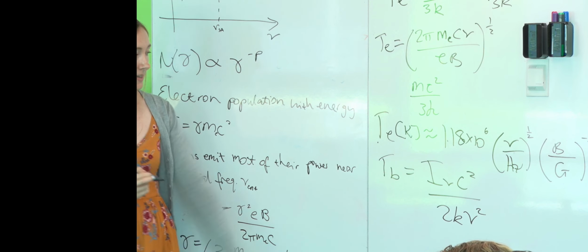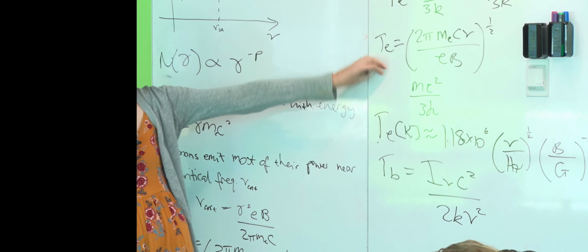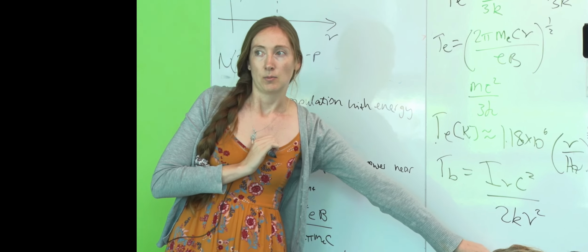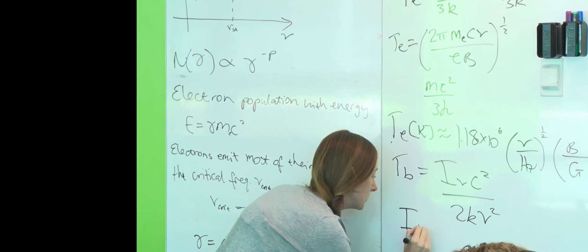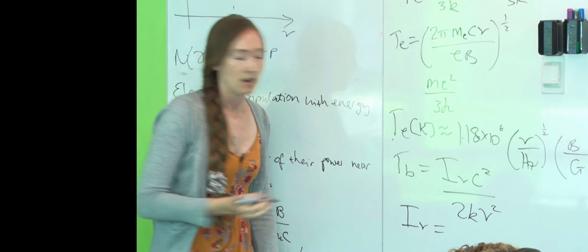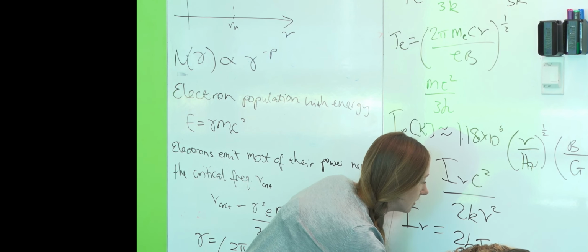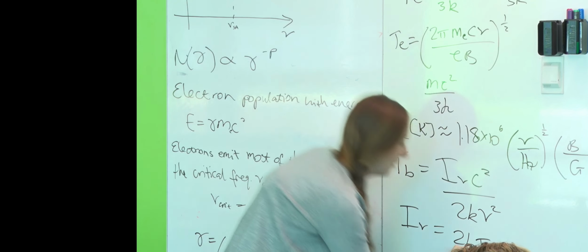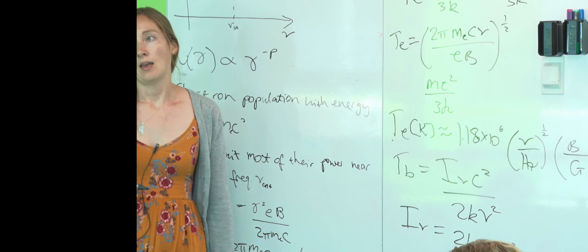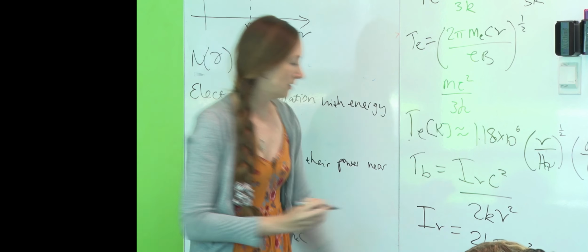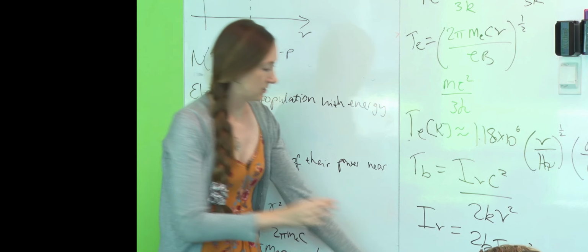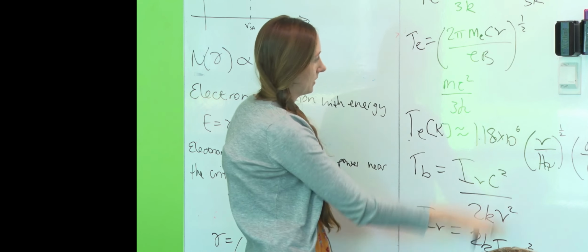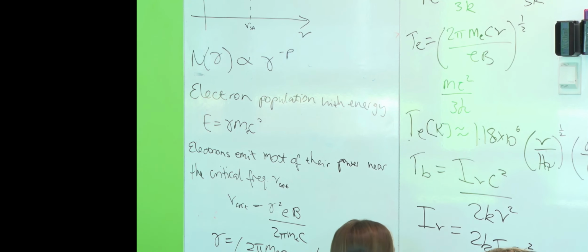And so if we set this brightness temperature equal to the electron temperature, because this electron temperature is approaching the brightness temperature, and rearrange for the intensity, which we can think of as like flux, I guess, we end up with 2k TE mu squared over c squared, and then we put the TE in, and so we end up with that this is proportional to a mu squared times a mu to the half, so it's proportional to mu to the 5/2. Let me put that lower.